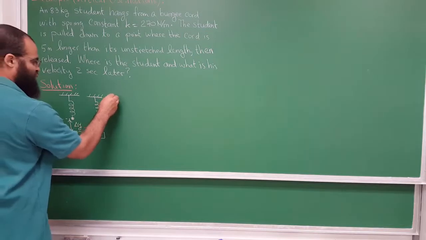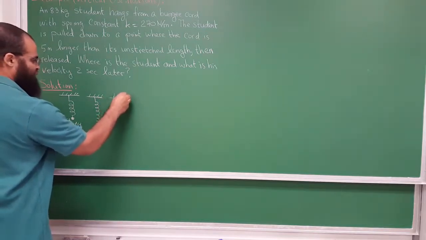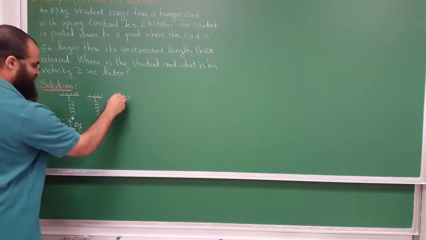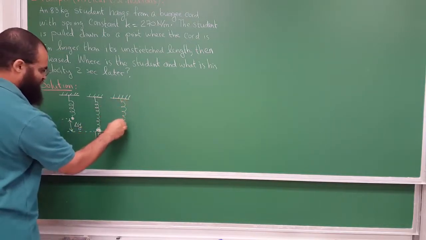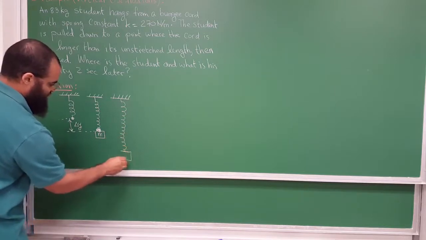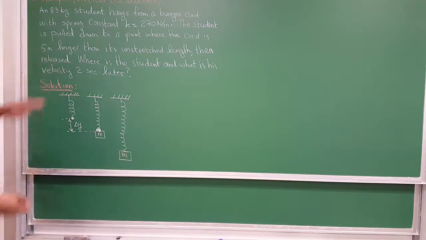I might show it one more time. What they did was lower the student a distance of 5 meters below the natural length of the spring.